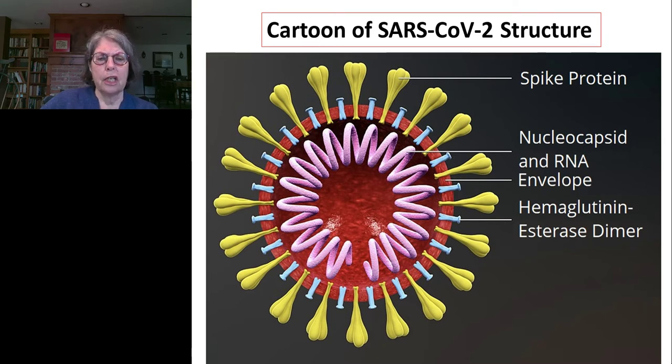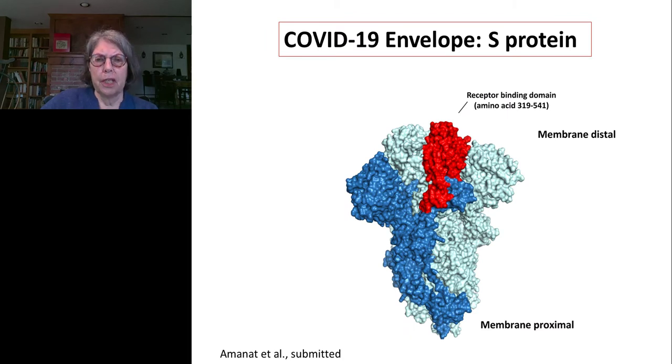Rather than a cartoon, this is a molecular structure of the spike protein as a whole, with the receptor binding domain highlighted in red. In this slide, you can see that the spike protein is anchored in the membrane of the virus envelope, which would be at the bottom of the slide.